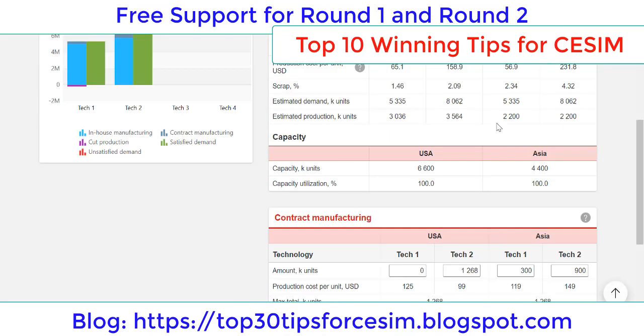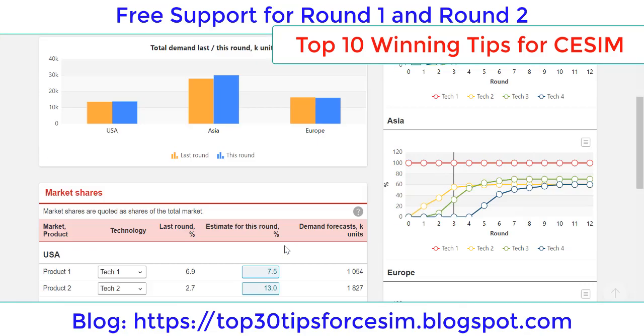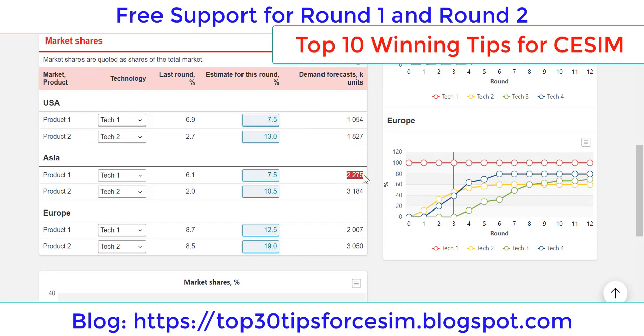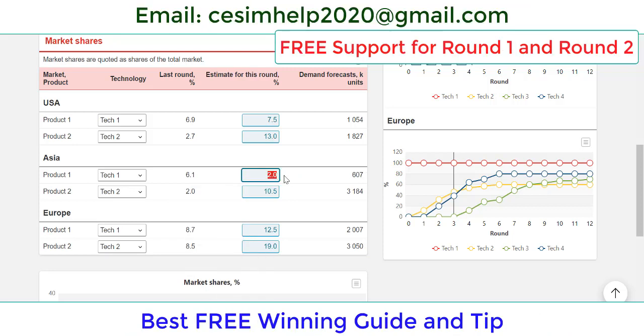So you see the total here, we produce 2,000. We check this again to make sure we have a match. 2,200 and 3,100, maybe 2,500. We can increase it a bit, 3,500 and 2,500 and 3,100.